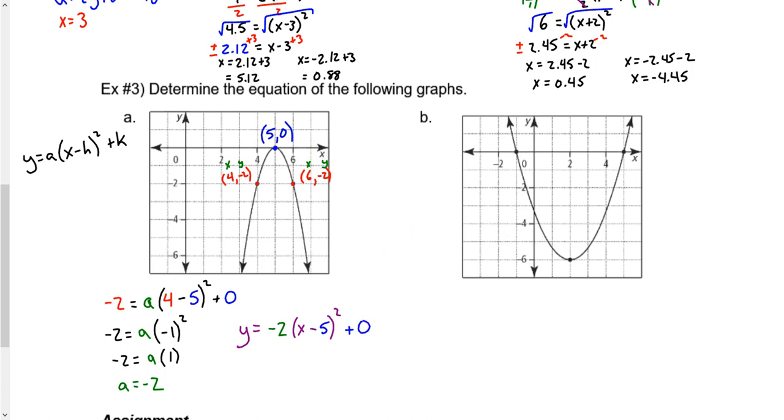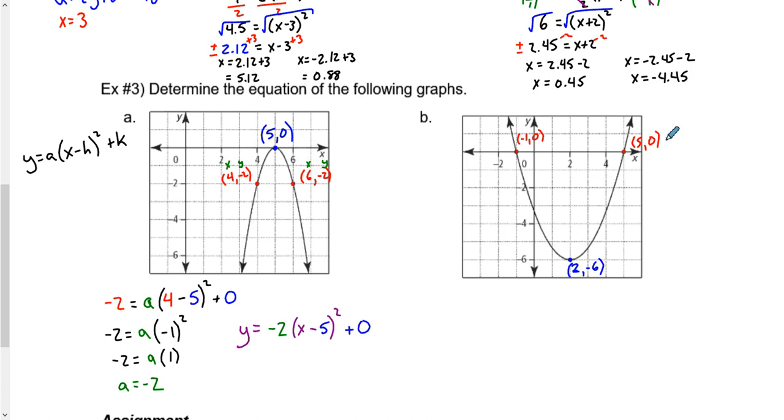We can do the same kind of things over here. Our vertex here is 2, -6, because it always goes x, comma, y. Our points are -1, 0, and 5, 0. So when we put it into the form, it doesn't matter which one we use.